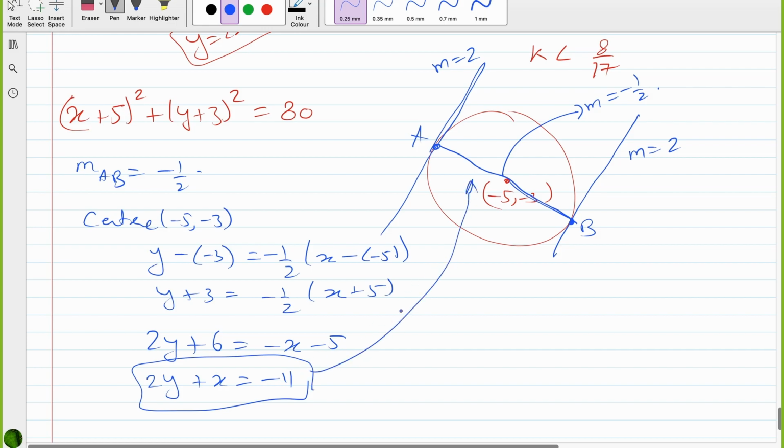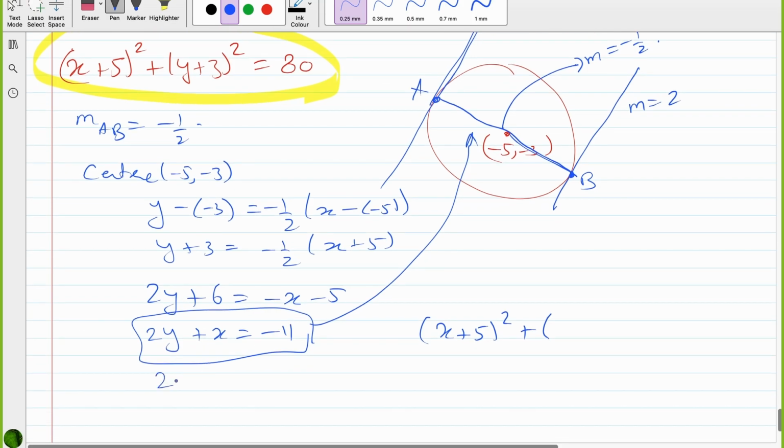Once we plug this into the given equation of the circle, we will get points A and B. Let's make x the subject so we get no fractions: x = -2y - 11.